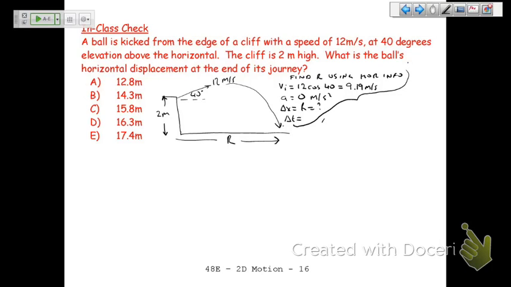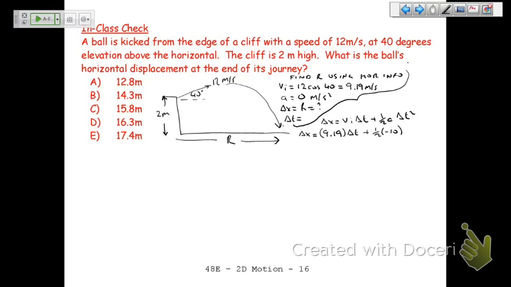I'm going to say delta X is equal to VI delta T plus 1/2 A delta T squared. I'm going to substitute as far as I can and say delta X is equal to 9.19 times delta T plus 1/2 times minus 10.